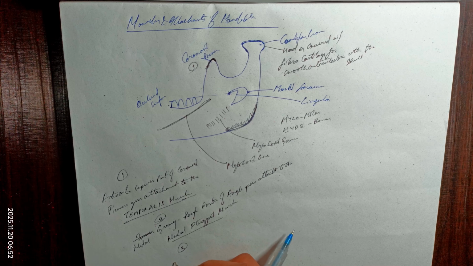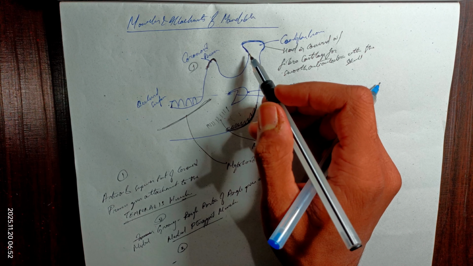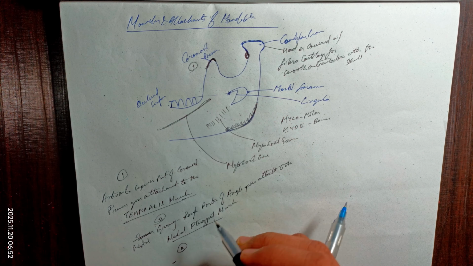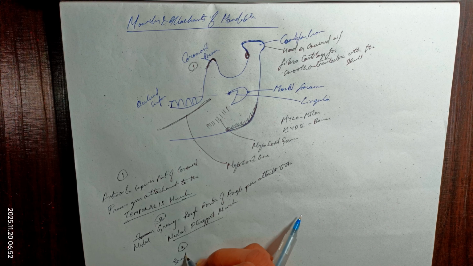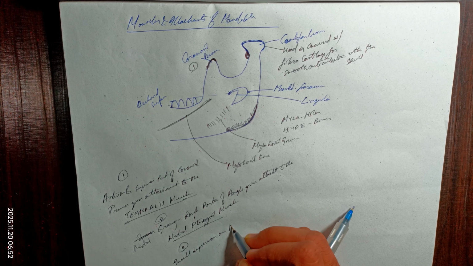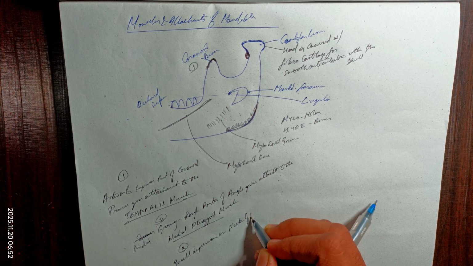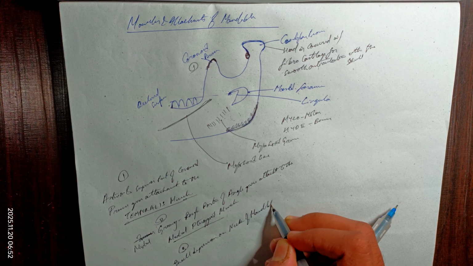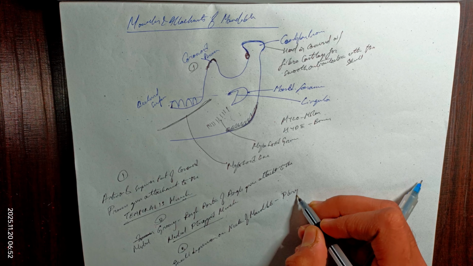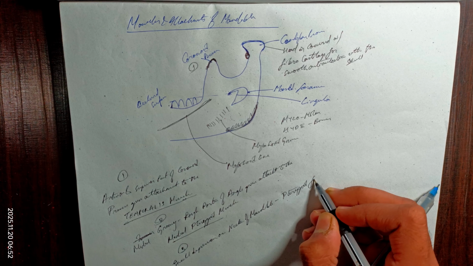Now, three. This is a small depression on the neck of the mandible, called the pterygoid fovea.